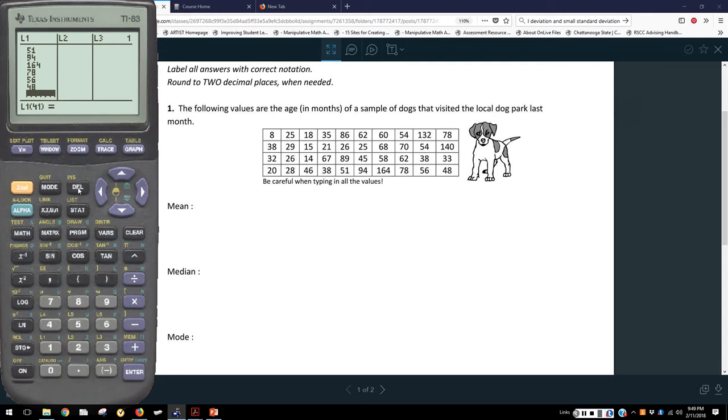And of course, as we've mentioned before, you always want to be very careful that you go through the data and make sure that you typed it in correctly.